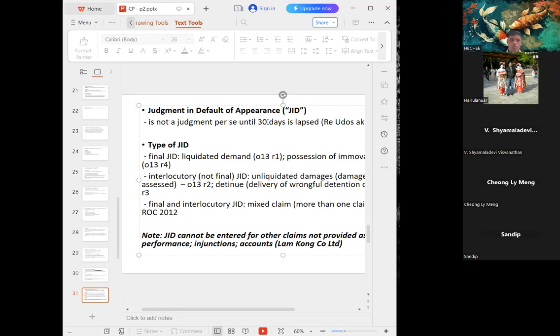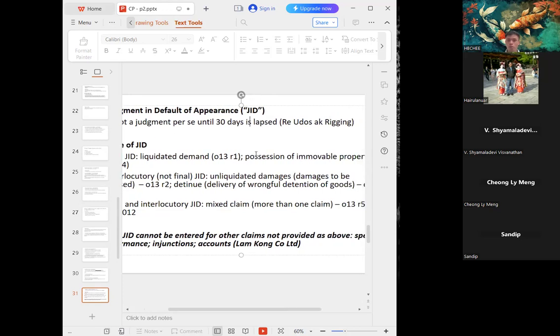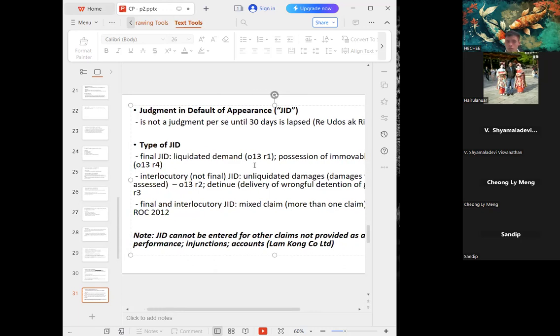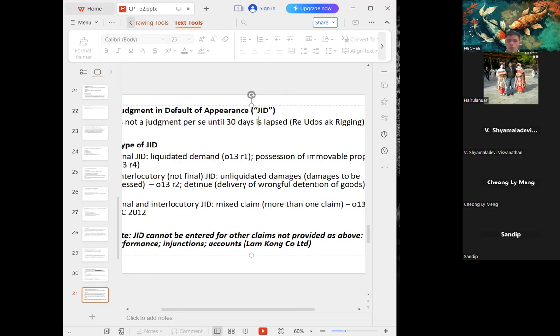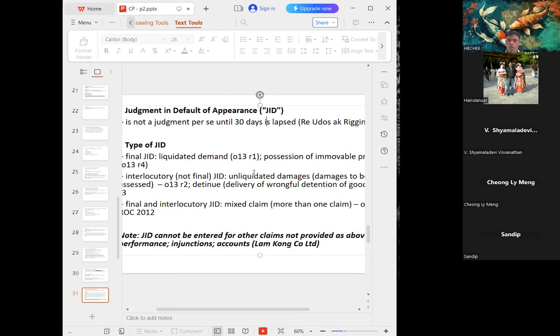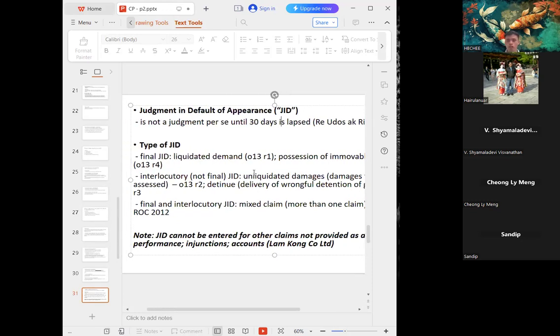There are types of JID. Firstly, you are claiming for a liquidated demand, which means that your money is quantifiable, and also possession of immovable property, like your house, your car, or any machineries. Interlocutory JID is for unliquidated damages, to be assessed. The example is general damages, because at that time, everything is not quantifiable yet.